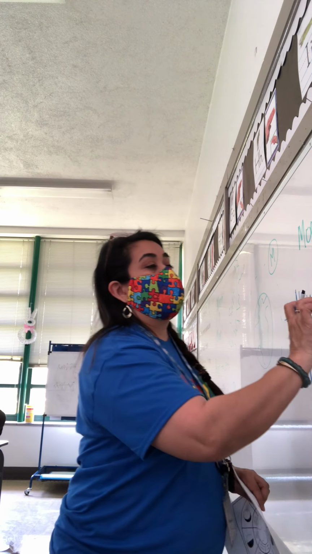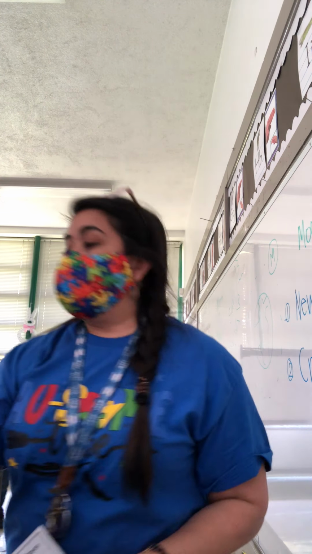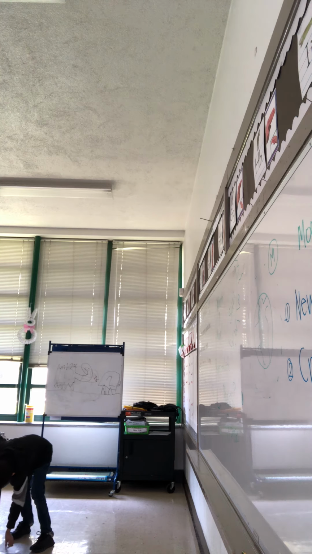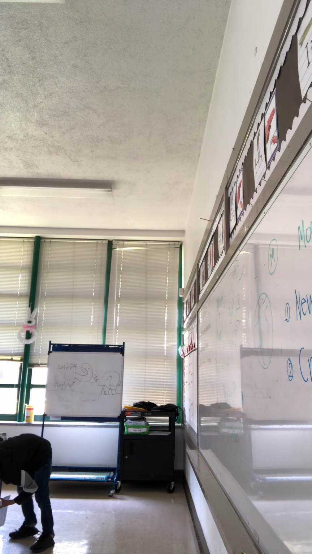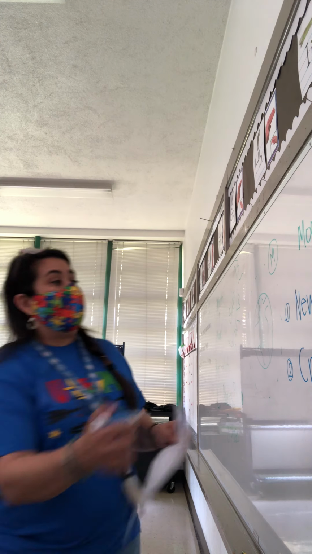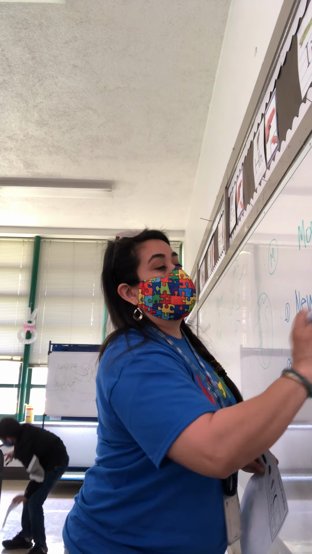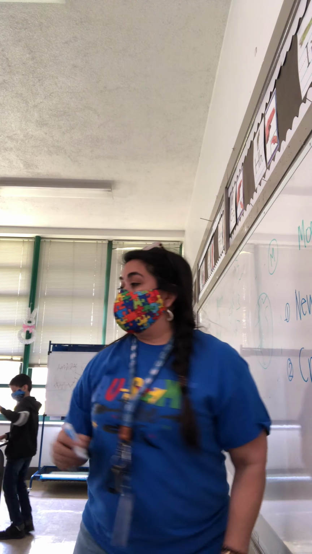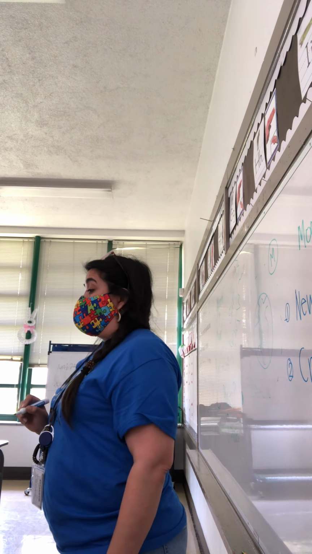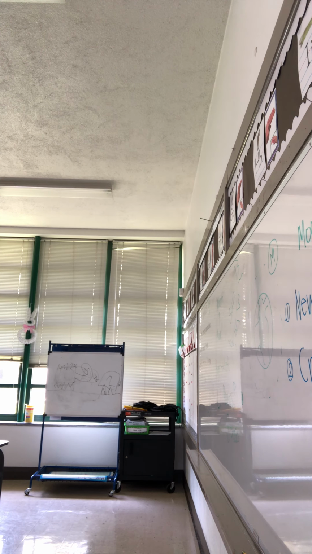Actually, you can just write new. New. It already has it, right? That is your whole moon. This is your new moon. Your full moon is like this. That's going to be a whole dark Oreo. Okay? This is your new moon.